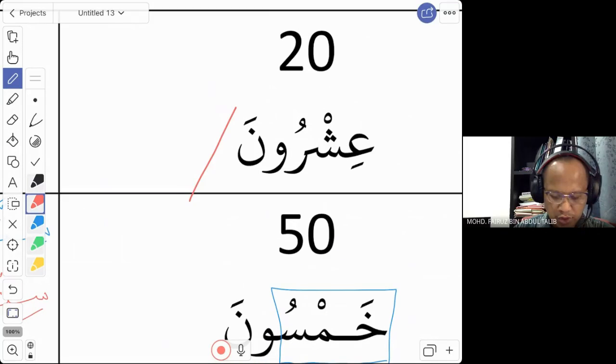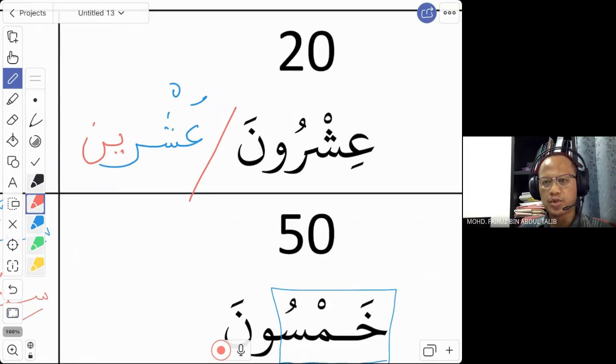Sometimes you will see that instead of using waw and nun, they use ya and also nun. How do we read this word? It is ishrina.